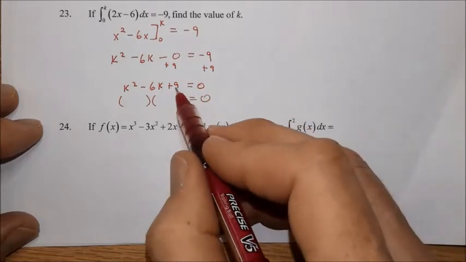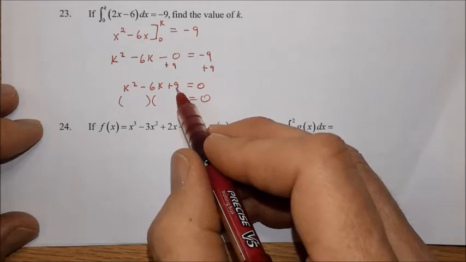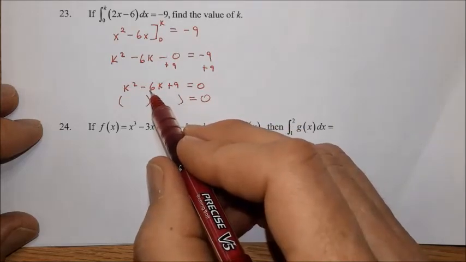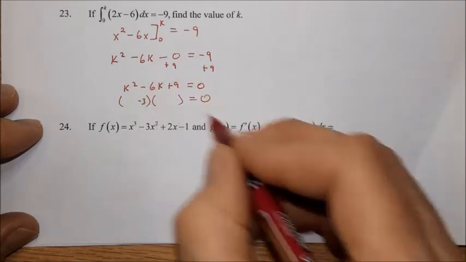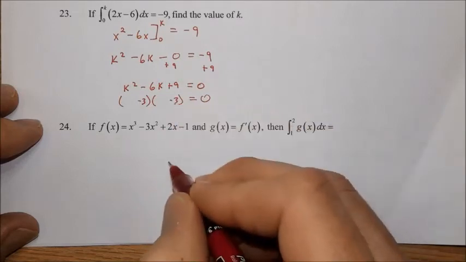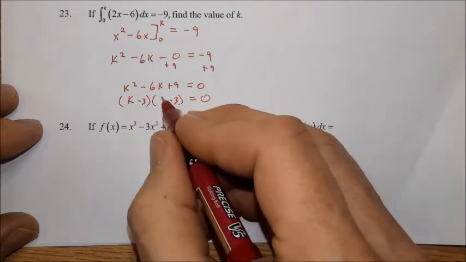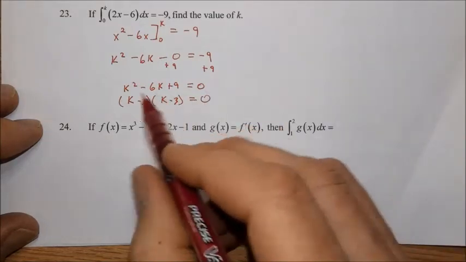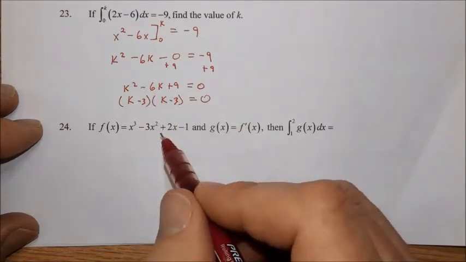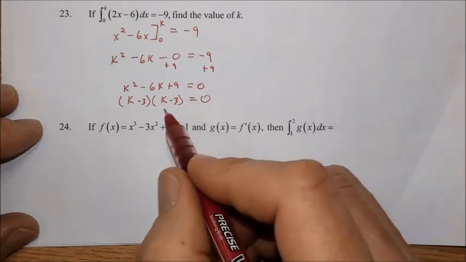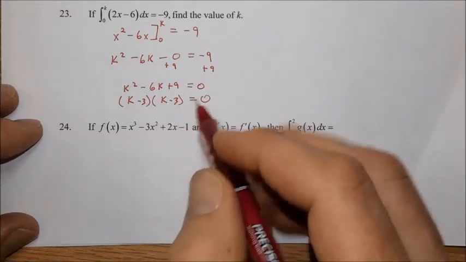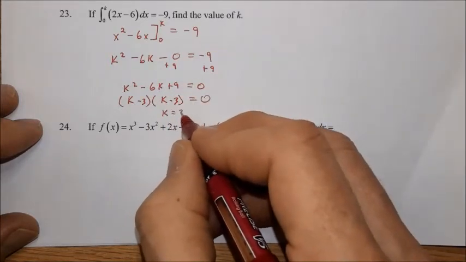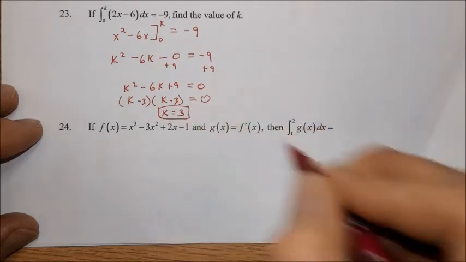We need two numbers which multiply to 9 and add up to negative 6. Negative 3 and negative 3. Our lead variable is k, so we have k minus 3 times k minus 3. That's the same thing as k squared minus 6k plus 9. Alright, well, what value of k makes this statement true? There's only one. And that's if k is equal to 3. There's our answer.